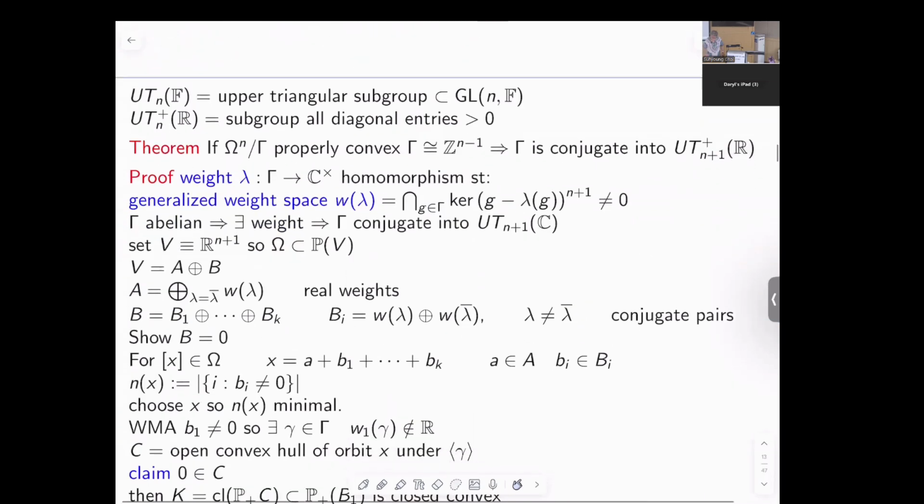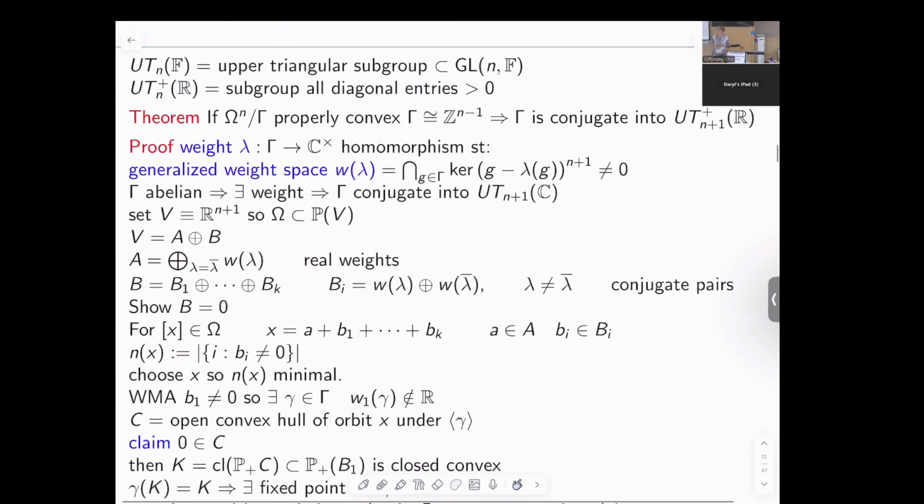So, generalized cusps. I'm going to talk about generalized cusps where the fundamental group is free abelian. There's a more general discussion, but I'm not going to discuss that. So the basic point is, we're going to be thinking about a properly convex domain, Omega, and a discrete group of projective transformations preserving that domain, this group Gamma, and this group Gamma is free abelian.